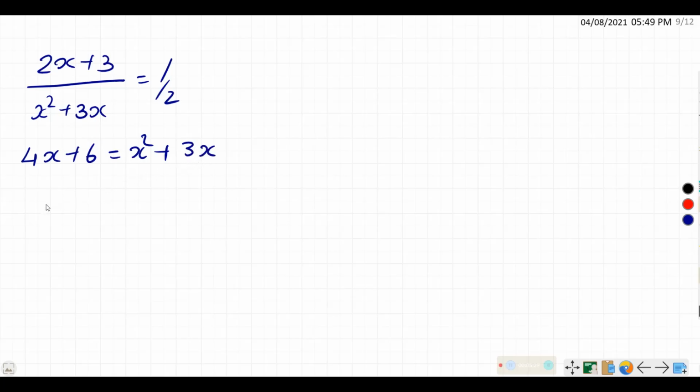Further, it can be rearranged in a quadratic equation format: X square, for X and 3X the difference is minus X, minus 6 is equal to 0.